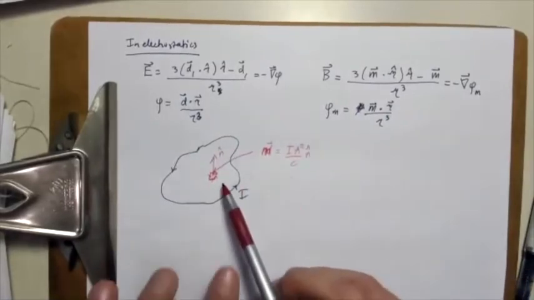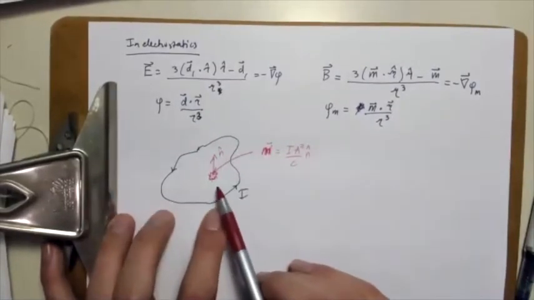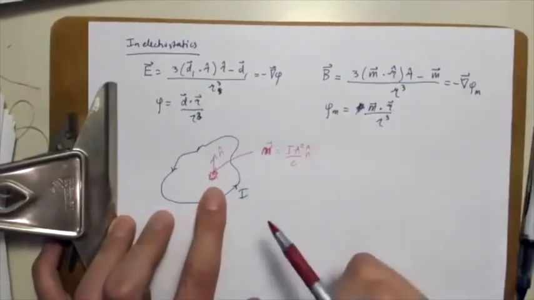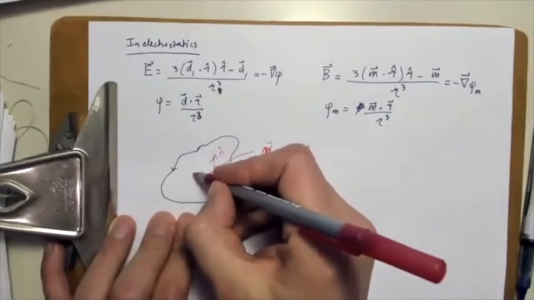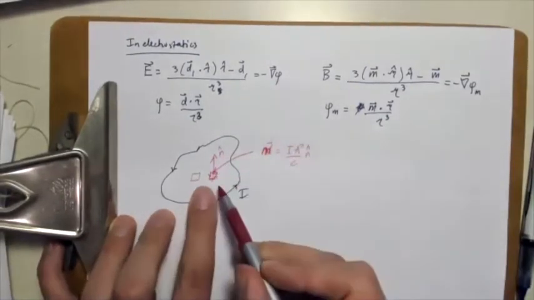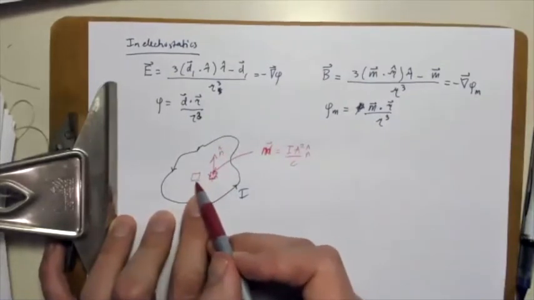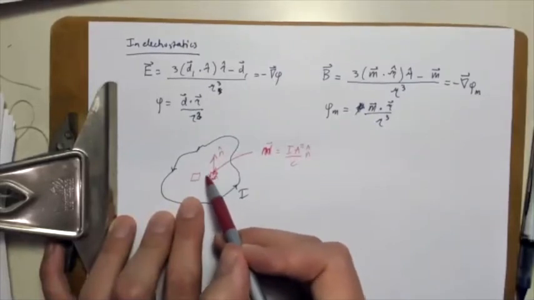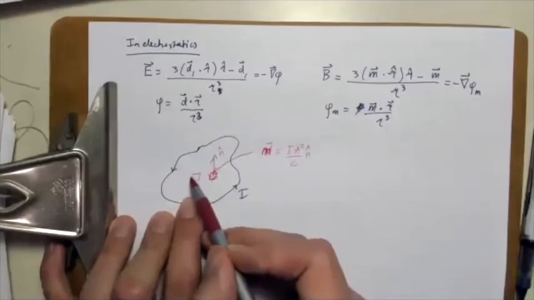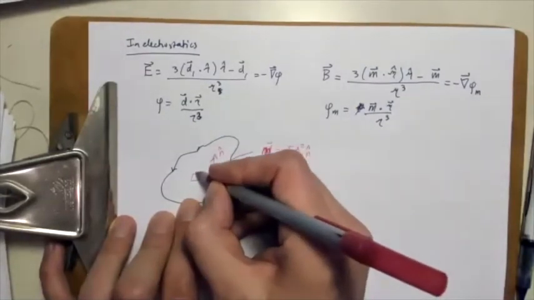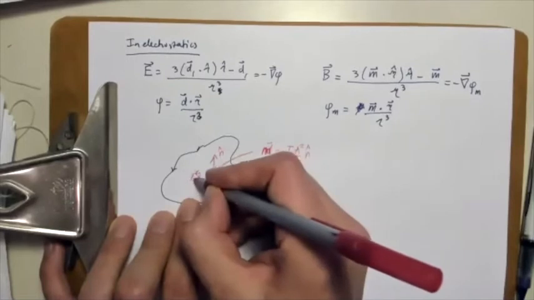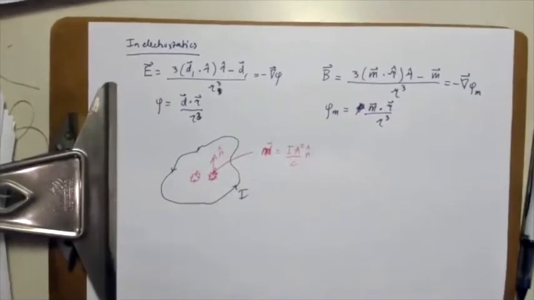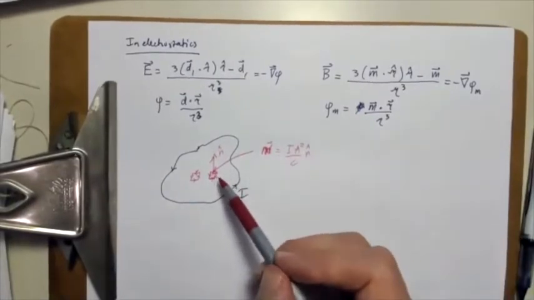Now, the trick is the following. If we take one patch over here, and then we take another patch and put it right next to it, with the same orientation for the current that's circulating, so it's going in this direction in this patch and in this direction in this patch, then we know that we can add the magnetic fields due to these moments.